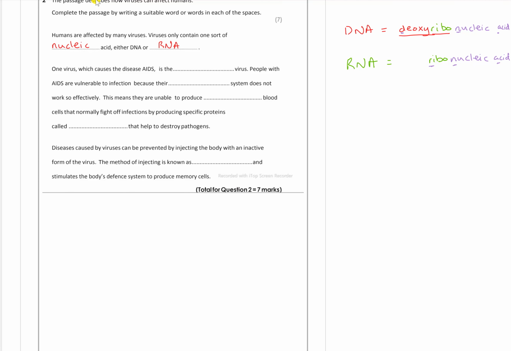One virus which causes AIDS is the HIV, human immunodeficiency virus. Right, AIDS. People with AIDS are vulnerable to infection because their immune system does not work so effectively.